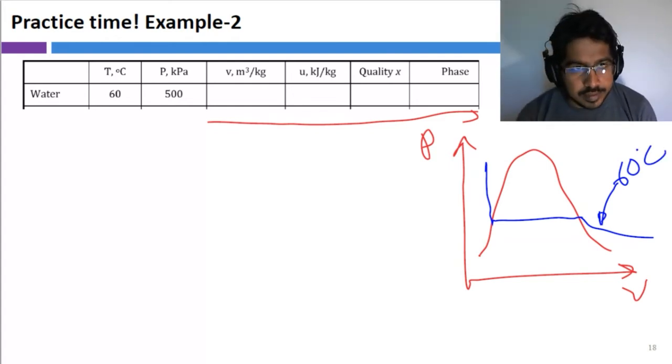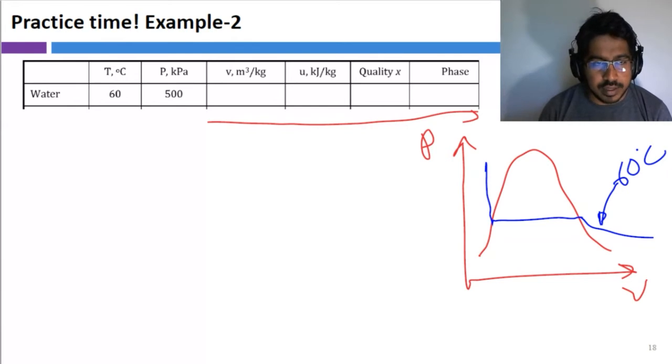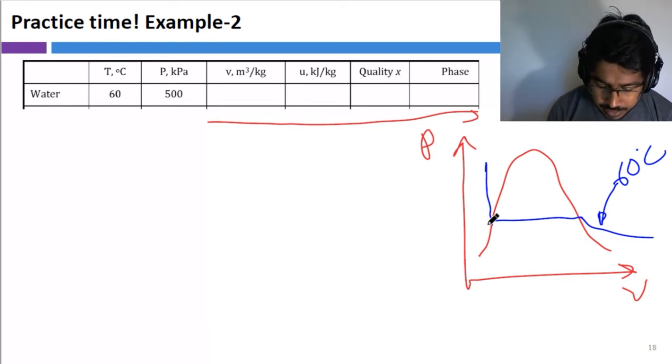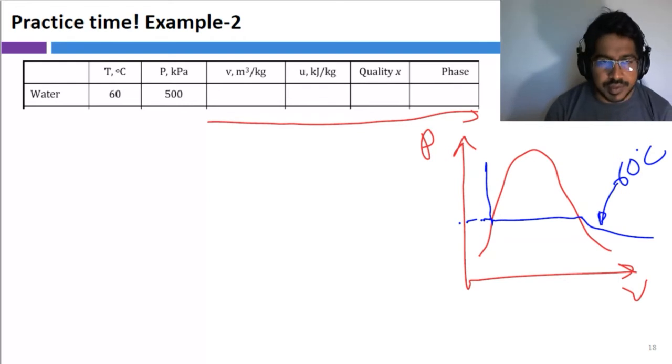So that is there. Now my pressure is 500 kilopascals. In order for me to determine the state, what I want to know is the pressure at the saturation point, like saturation pressure, right?